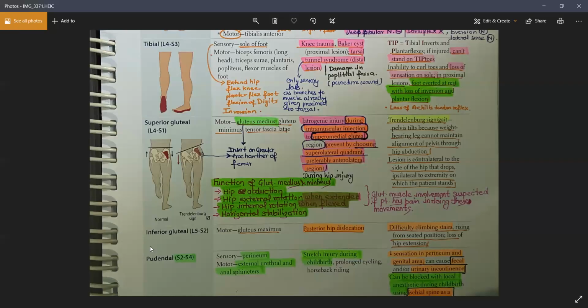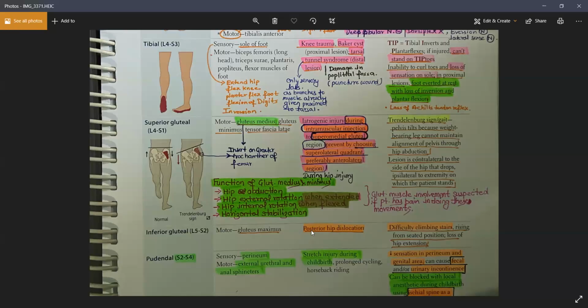Then you have the inferior gluteal nerve, which supplies your gluteus maximus. Okay, and the gluteus maximus is involved in the hip extension as well as the abduction, right, and the external rotation or the lateral rotation, right? And yeah, this nerve can get damaged in case of a posterior hip dislocation, right?